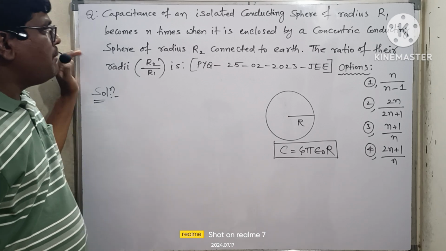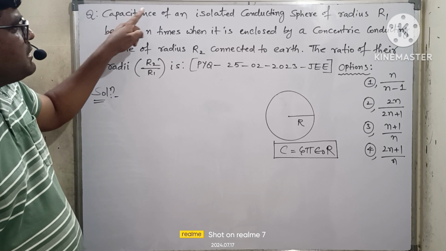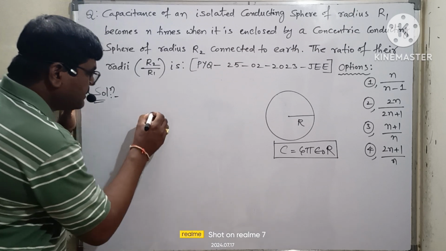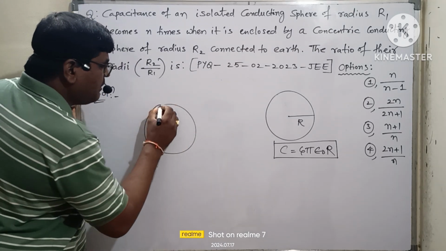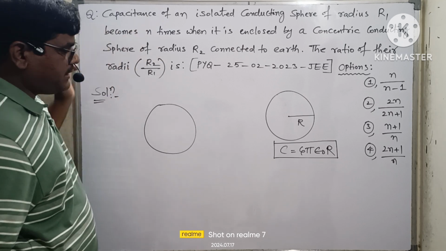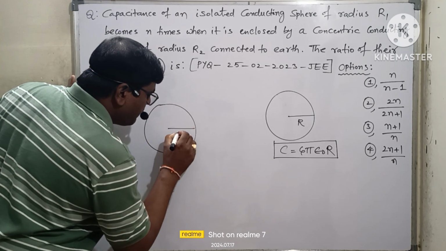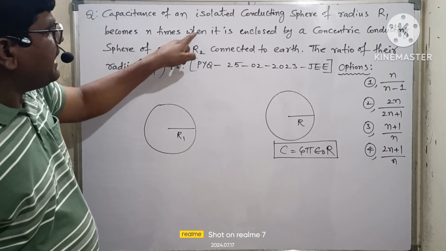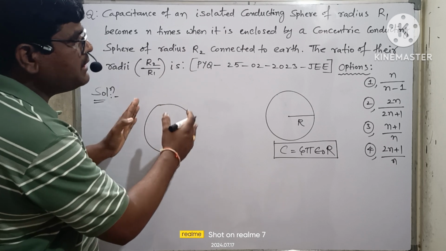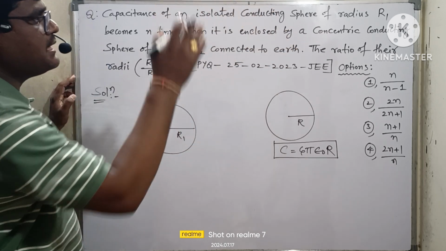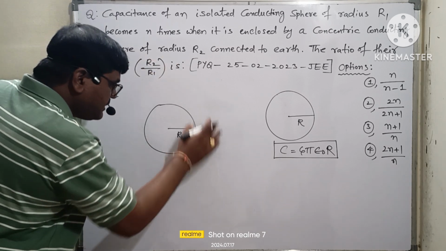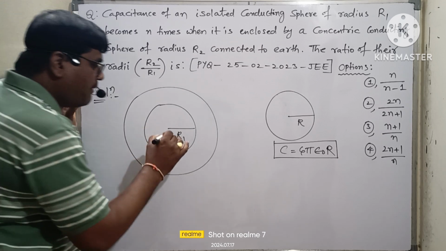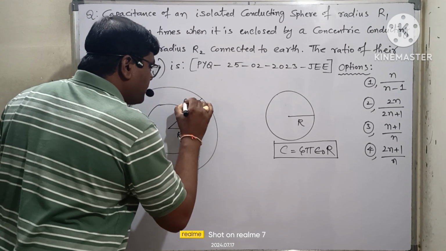But here it is given the capacitance of an isolated conducting sphere of radius R1, like this. Now this is one spherical isolated conductor of radius R1. This capacitance becomes n times when it is enclosed by a concentric conducting sphere. This is enclosed in another sphere of radius R2.